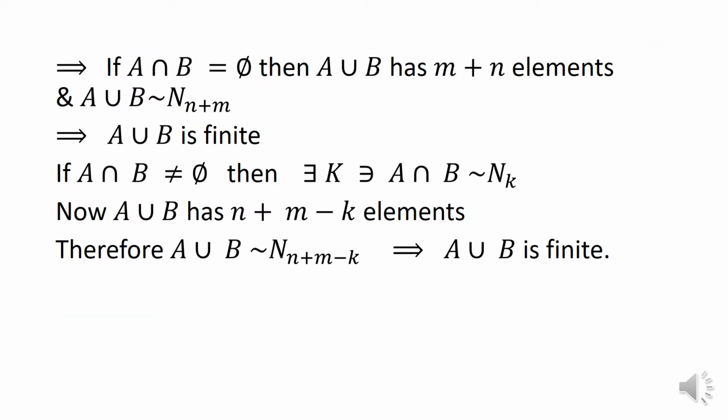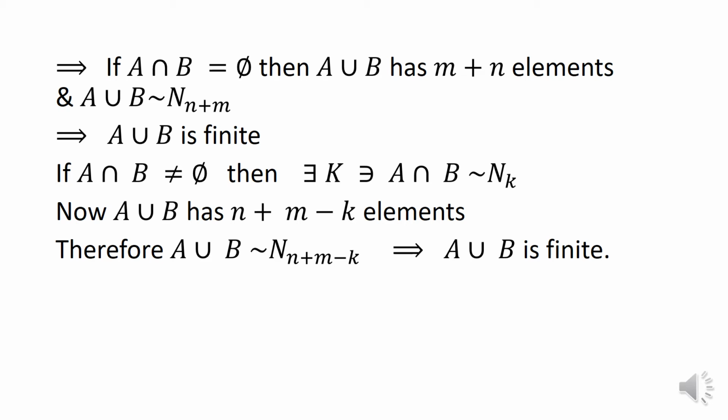So that implies if A intersection B is equal to the empty set, then A union B has m plus n elements. Therefore, A union B will have together n plus m natural numbers.